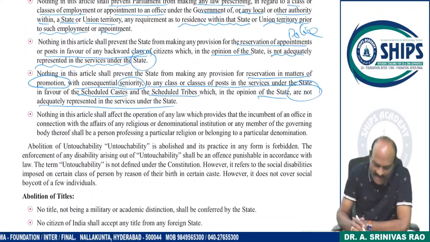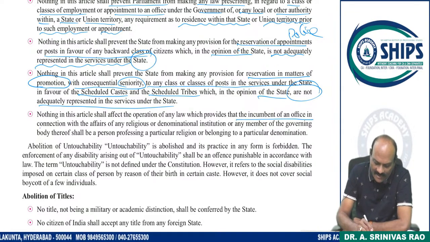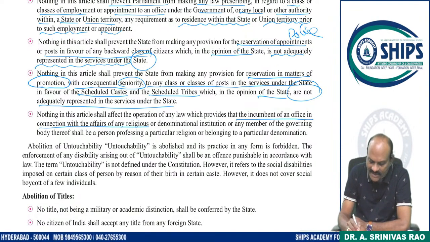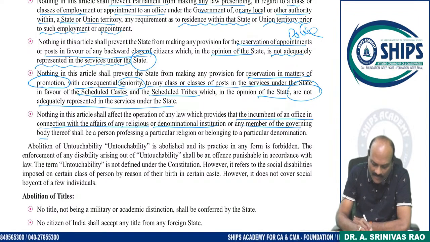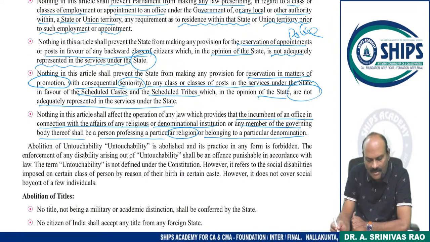The other one is, nothing in this article shall affect the operation of any law which provides that the incumbent of an office in connection with the affairs of a religious or denominational institution, or any member of the governing body, shall be a person professing the particular religion or belonging to a particular denomination.